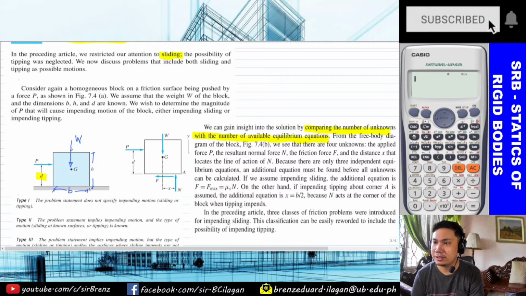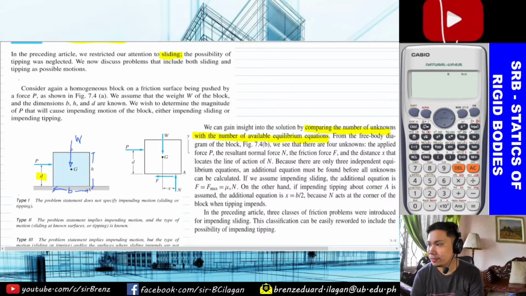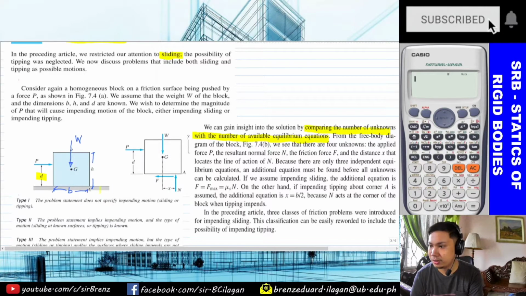We use summation of forces in x and summation of forces in y. This time, we will use another equilibrium equation, which is the summation of moment. So from the free body diagram of the block, shown in the second figure, we see that there are 4 unknowns.